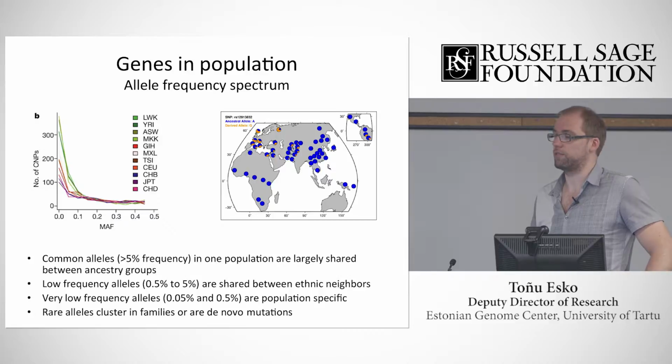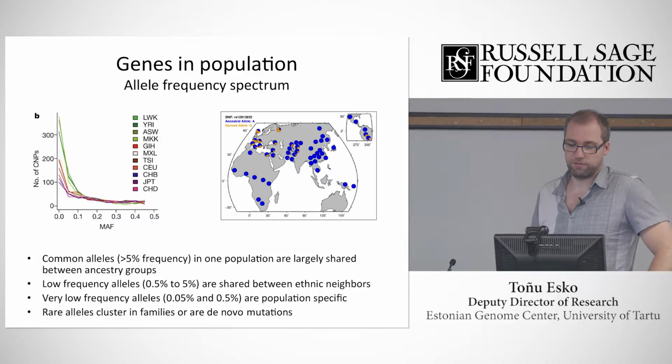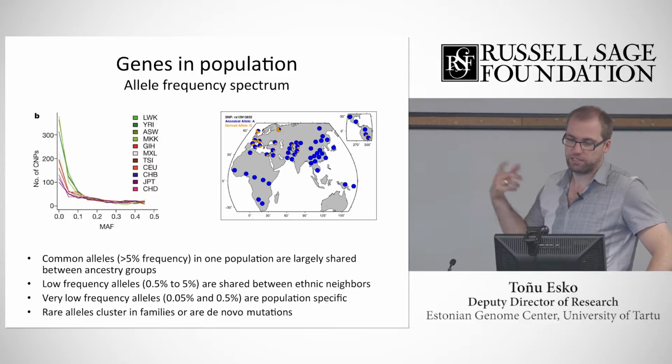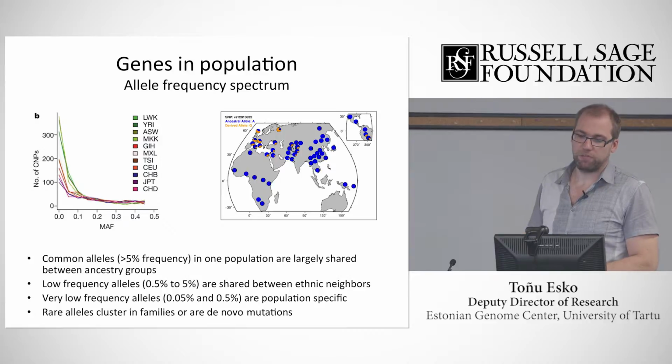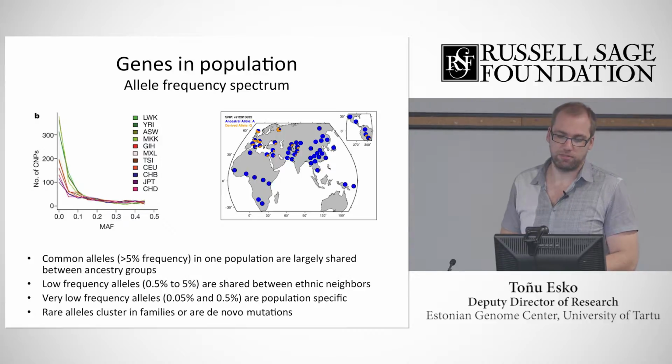And what this graph shows is, actually, on the y-axis it's the number of variants that are specific to a certain population.